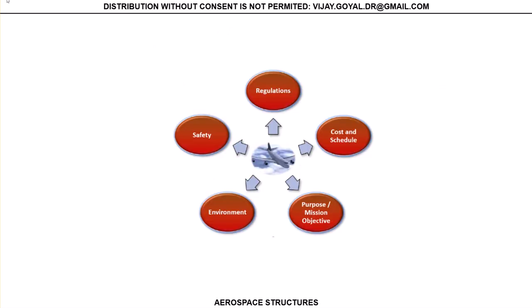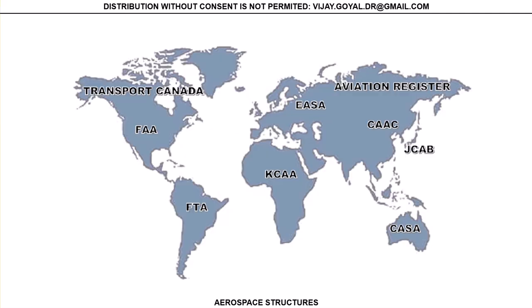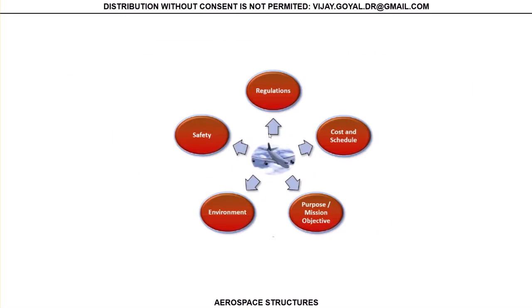And when we analyze airplanes, another thing that we have to consider is regulations. For instance, here in the United States, we have the FAA, Federal Aviation Administration, and then you have Europe, and each part of the world has its own regulatory agency which tells you what the regulations are for that particular aircraft.